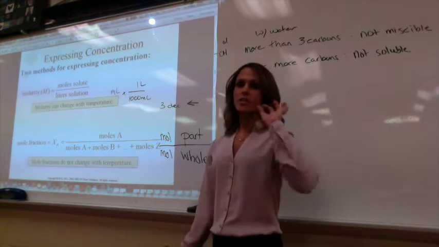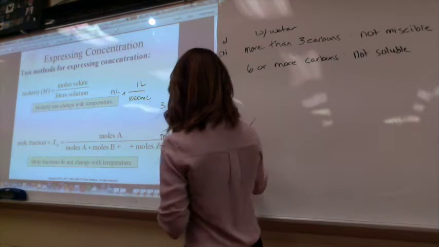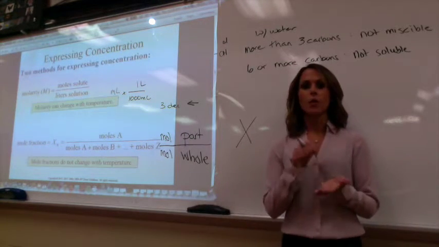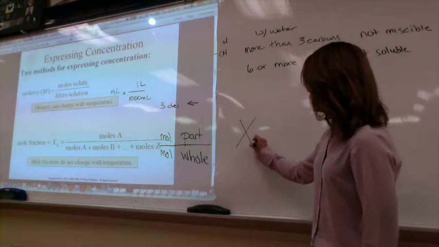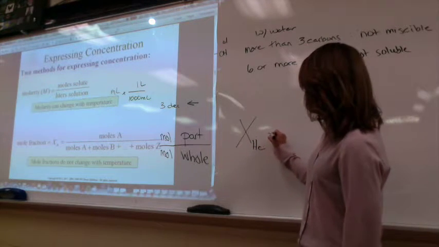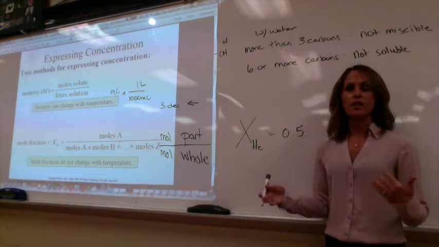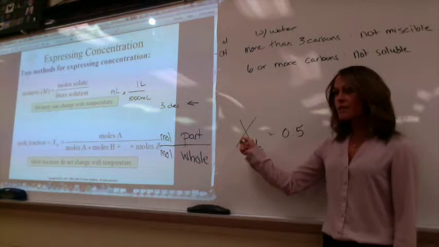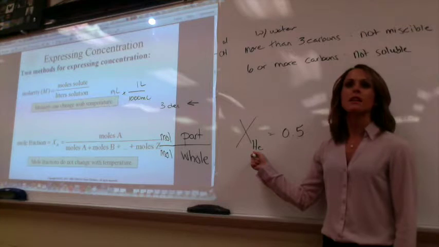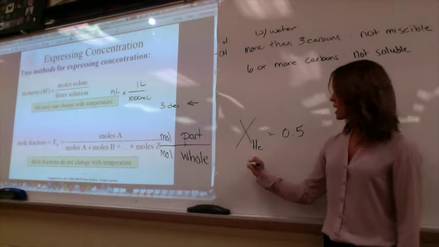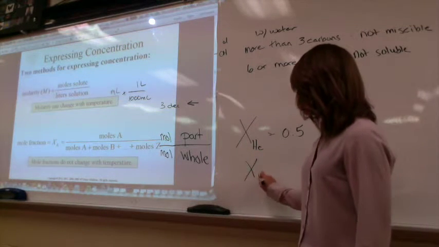Mole fraction is represented by an X. If the question says, what is the mole fraction of helium, you write X of He equals, and then you can put 0.5. There's no unit here. It's just a fraction. So you write X as the mole fraction, and then the substance is a subscript. So like X of helium, I just did that.